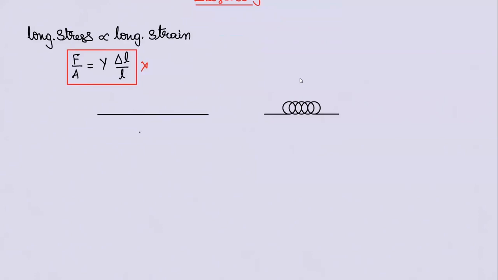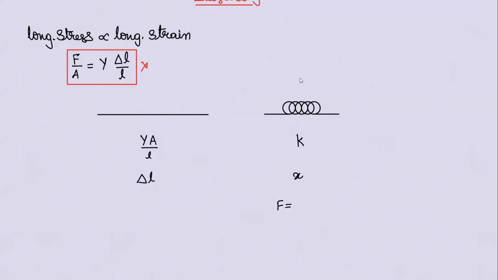In case of spring, we have spring constant K. In case of string, we have YA by L. So the role played by spring constant in case of spring will be played by YA by L in case of string. Then observe change in length in case of string, and in case of spring, we take change in length as x. So once you remember this, everything is done.